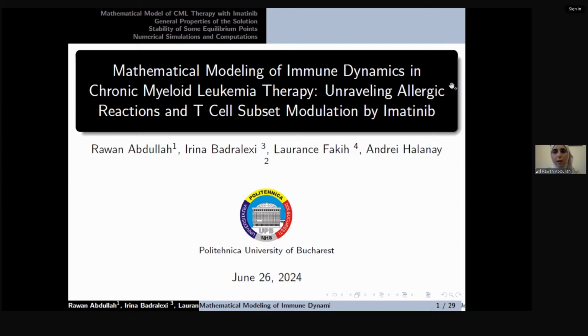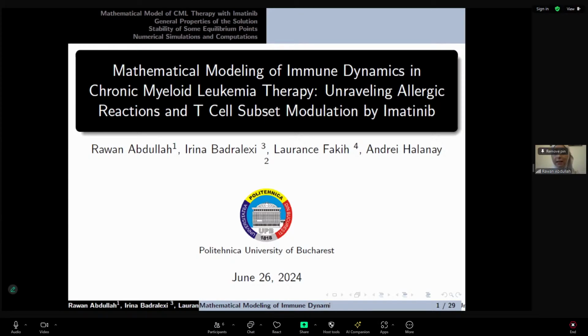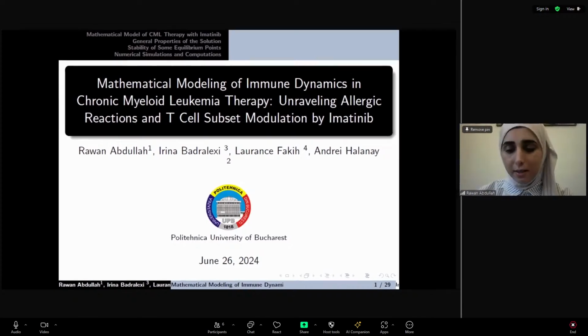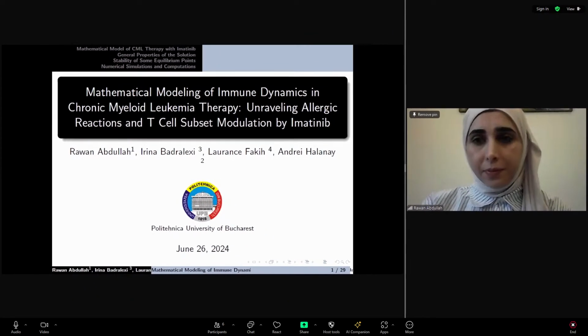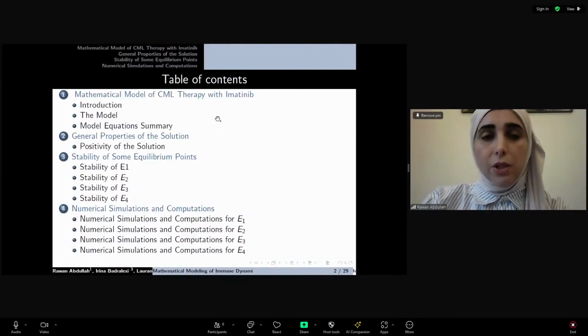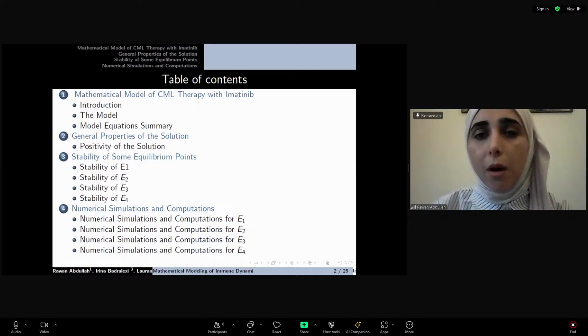So today we'll present the mathematical modeling of immune dynamics in chronic myeloid leukemia therapy, unraveling allergic reactions and T-cell subset modulation by imatinib. The presentation will be divided into 4 parts.